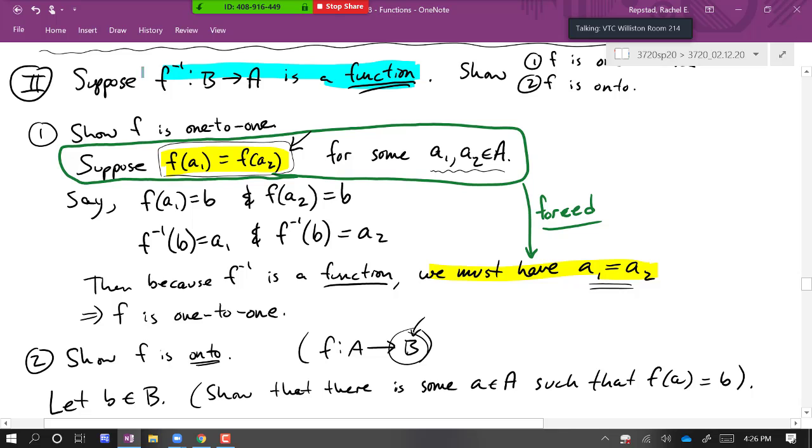Suppose F inverse is a function. And when we say suppose F inverse is a function, part of this statement is that the domain is all of B, because it maps from B into A. So if I have an element of B, since the domain of F inverse is all of B, I can throw it in F inverse. And it's a function, and I know it'll send me to an element in A.